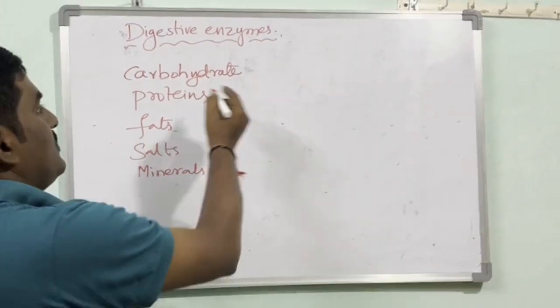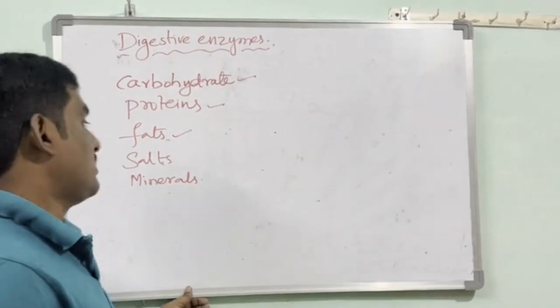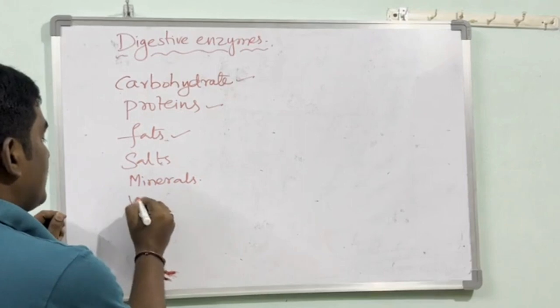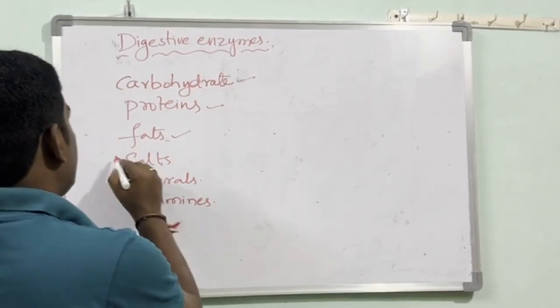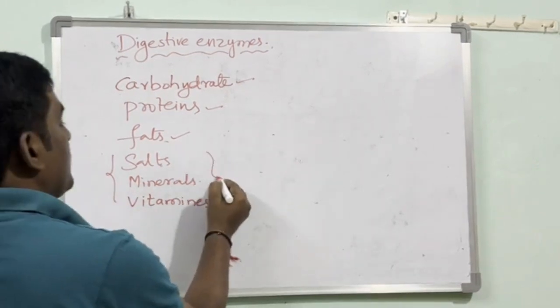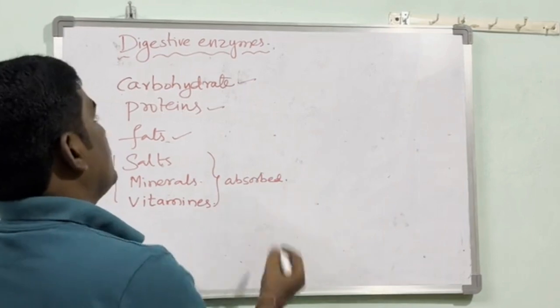Carbohydrates, proteins, and fats are going to get digested in our body, but salts, minerals, and vitamins are not going to be digested by our body. Only these three are absorbed by our body.